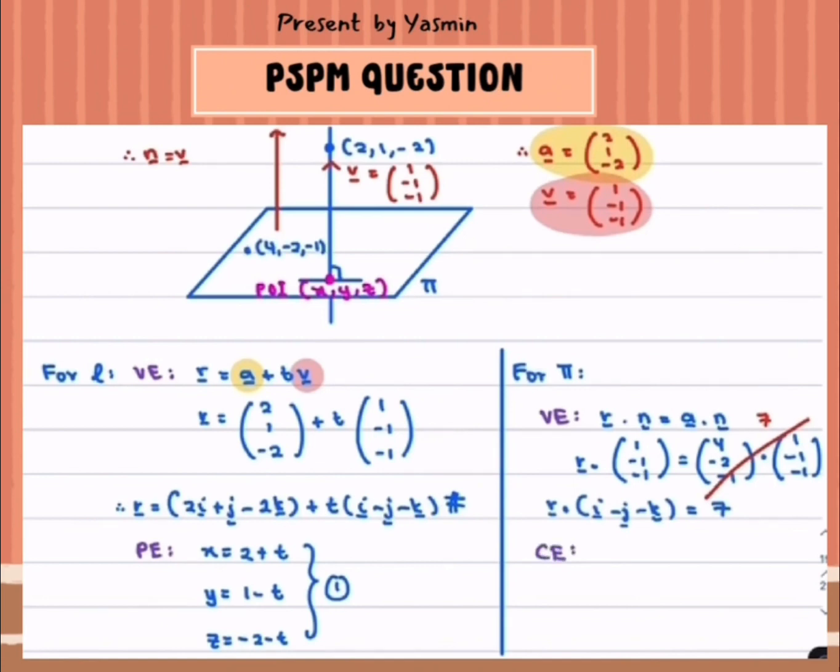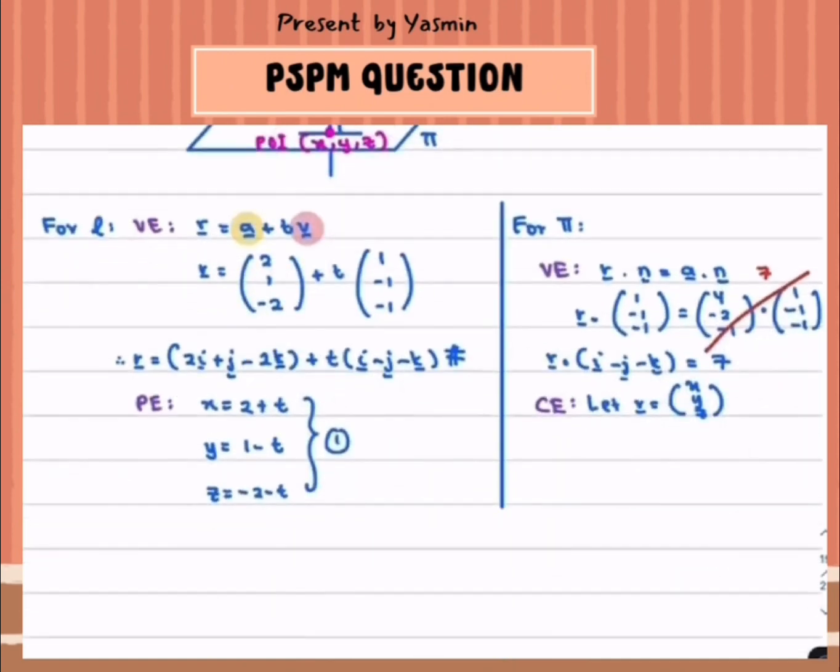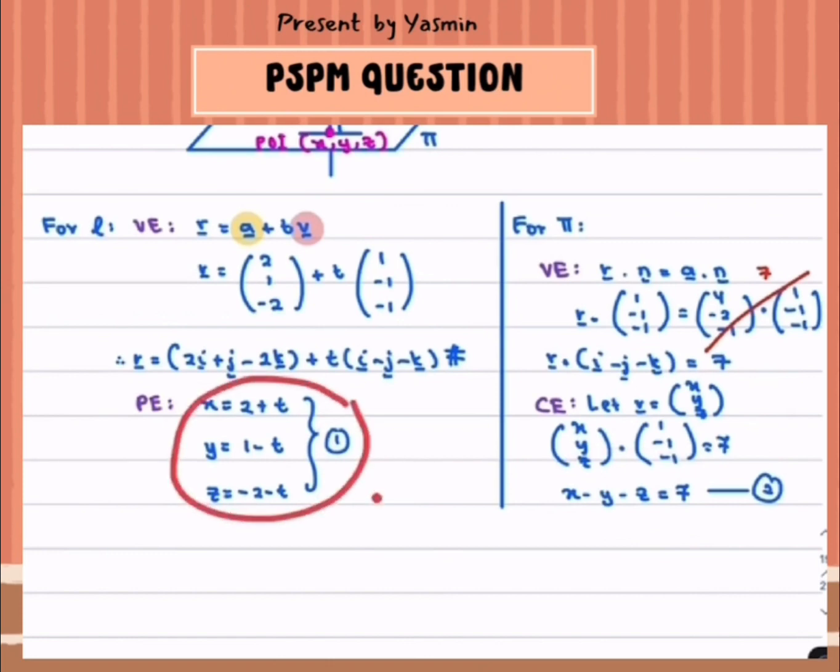But we need the Cartesian equation by letting the vector r become the vector x, y, and z. And we will get x minus y minus z is equal to 7, and this will be my second equation. So as you can see, here I have x, y, and z, and here I also have x, y, and z. So I can substitute equation 1 into equation 2.